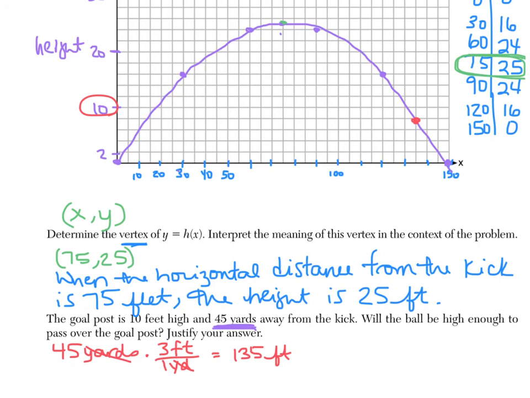I would say no. So I'm going to say, no, it's not going to be high enough, because when x is 135 feet, h of x is less than 10.